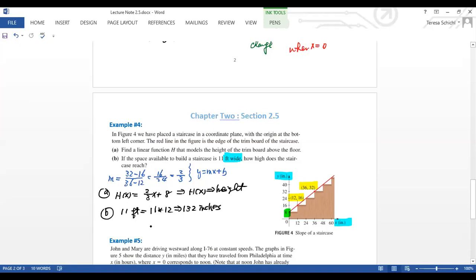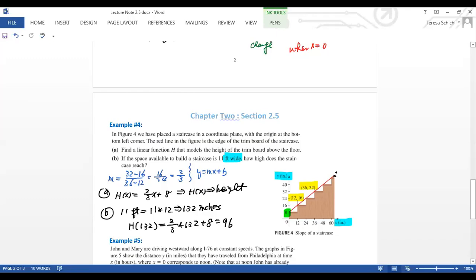Now I changed it to inches, so I can ask how high it is at 132. It will just be 2/3 times 132 plus 8. What is the answer? It's 96. So the height will be 96 inches.